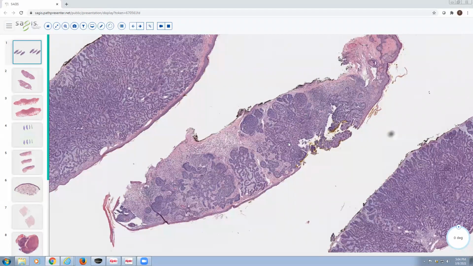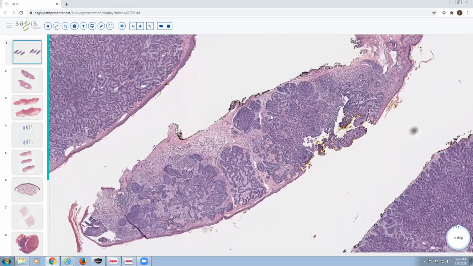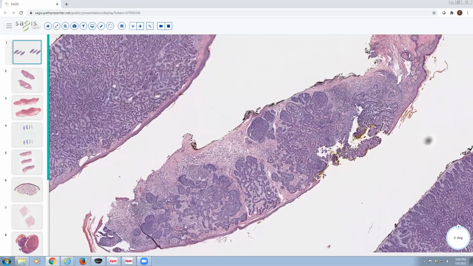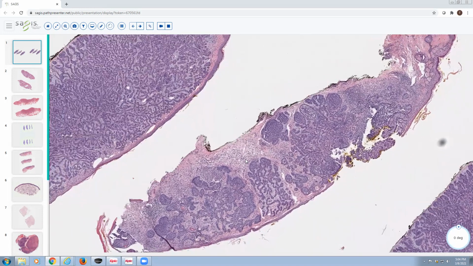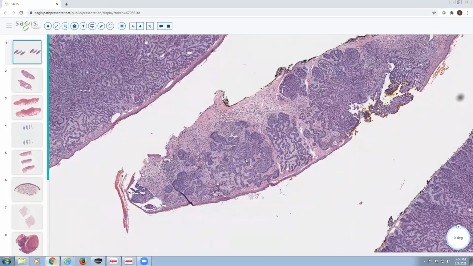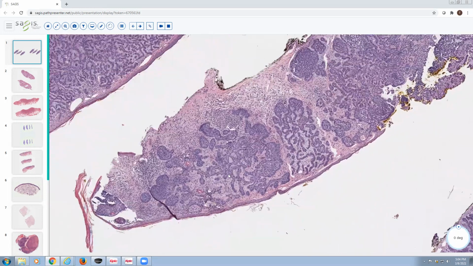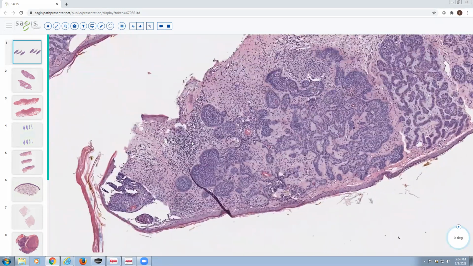It's formed by a proliferation of basaloid epithelial cells. Basaloid basically just means basophilic or purple. So on scanning, you're going to see this purple color, which means that these cells are taking up hematoxylin. And they form nodules. Basal cell carcinoma forms nodules that have peripheral palisading of nuclei.